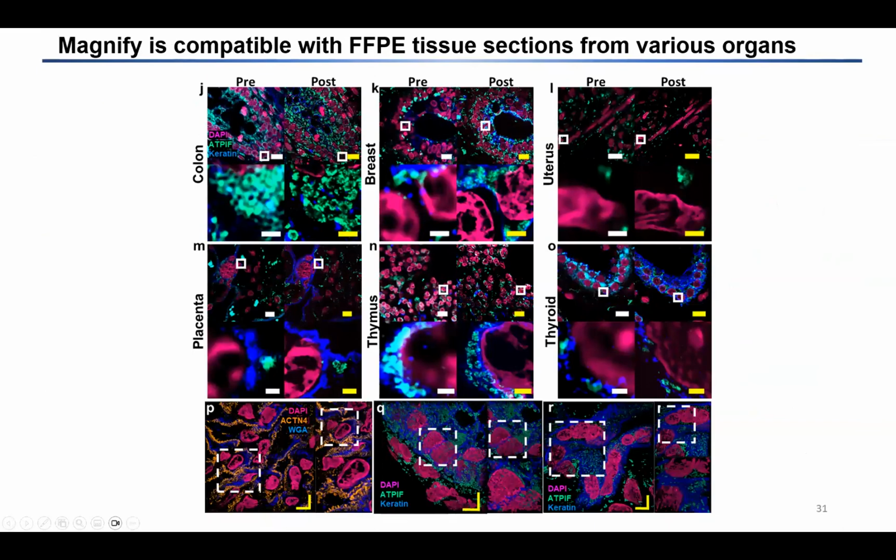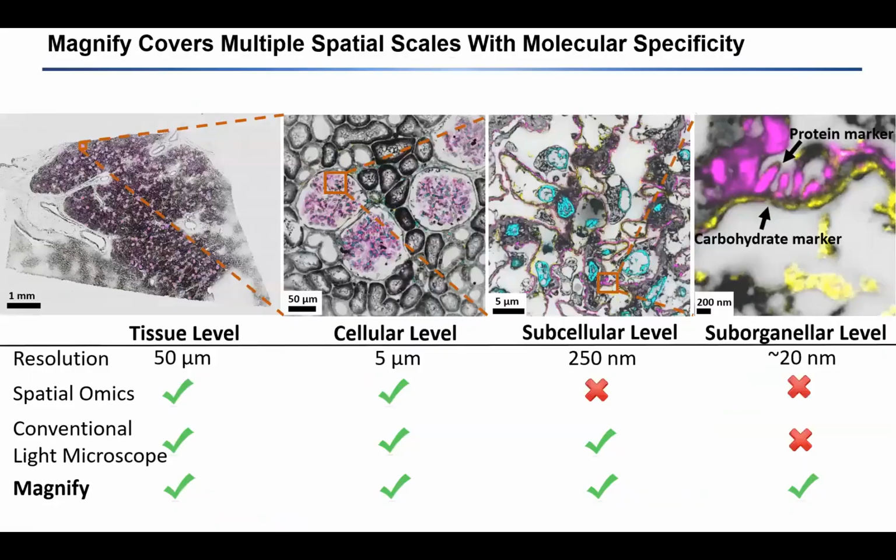One of the good things about using this Magnify expansion microscopy approach is that you take advantage of the conventional optical microscope, which operates at a very fast speed. You can image the whole tissue even in the expanded state, and then you can switch to high magnification, dive in, and image the nanoscale structure.